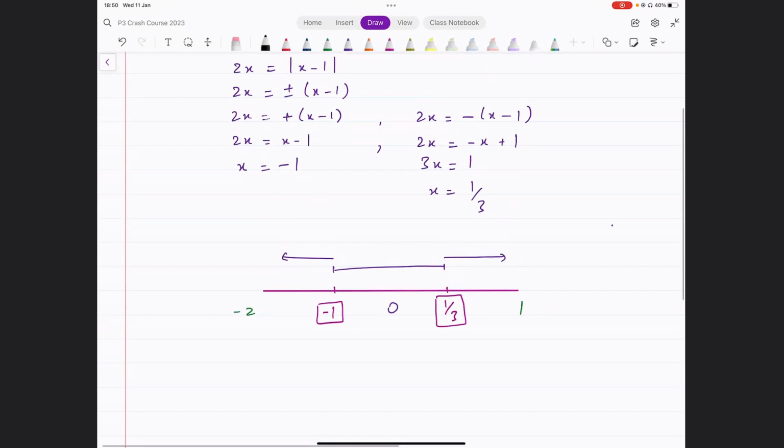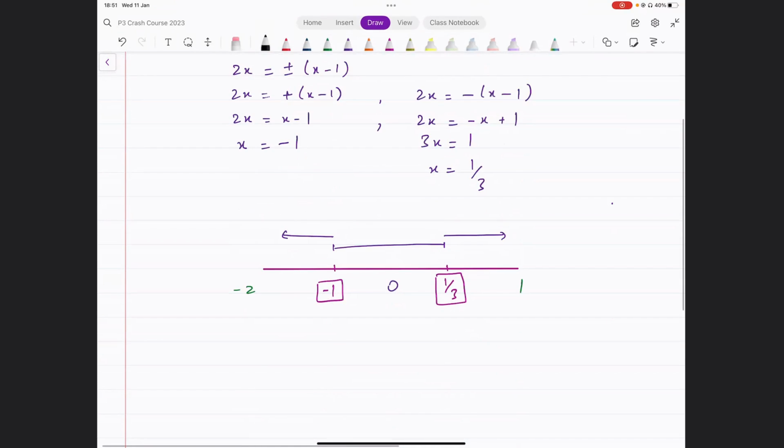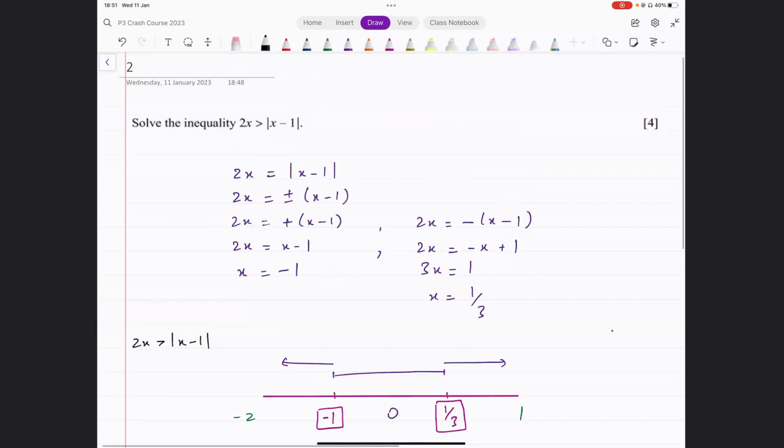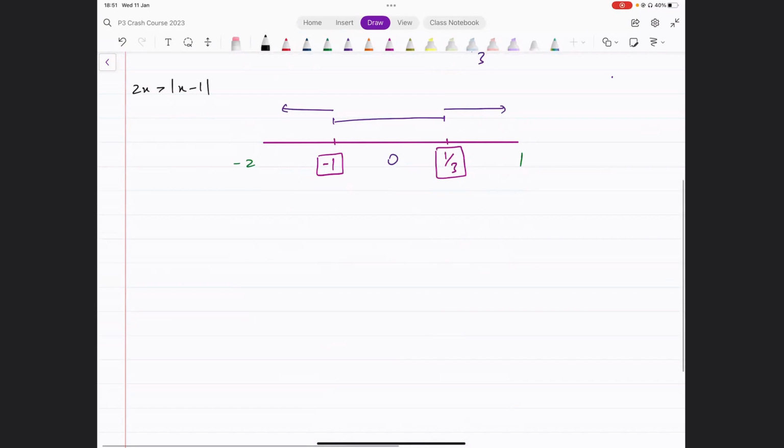Now, what was the inequality? Let's write that inequality here. 2x greater than modulus of x minus 1. This was our inequality. Now we have to check which of these 3 numbers satisfy this inequality. Let's input minus 2 first. 2 into minus 2, that's greater than modulus of minus 2 minus 1.